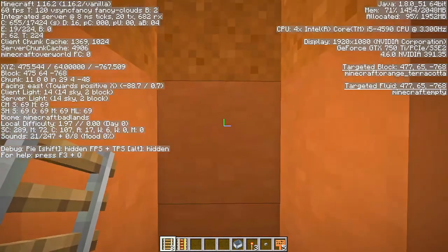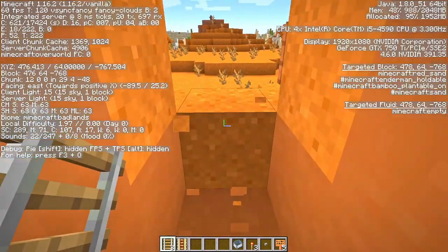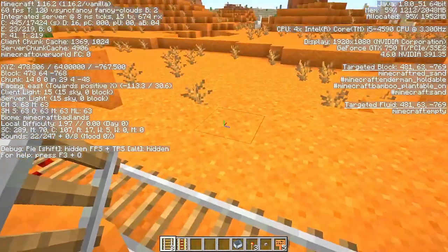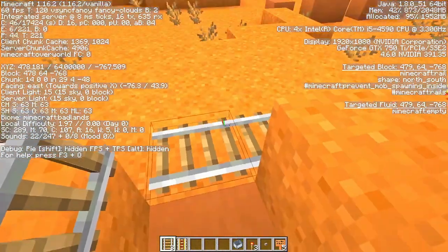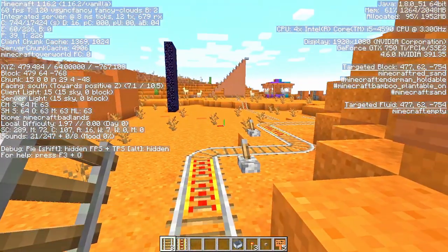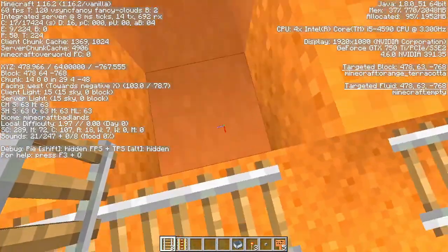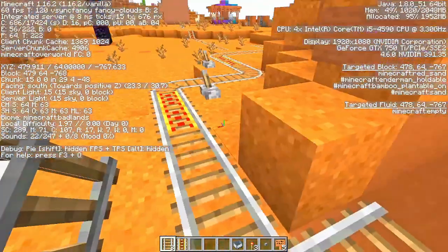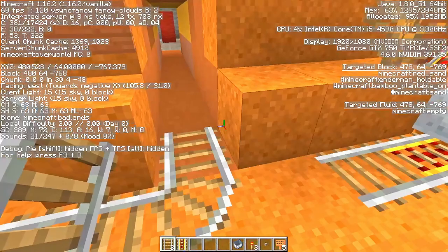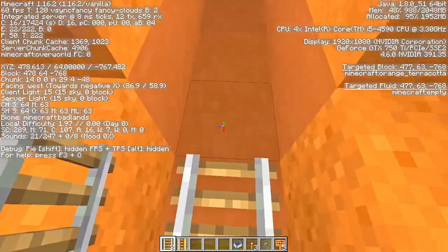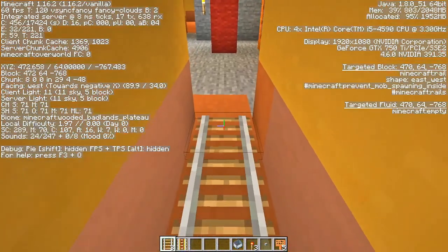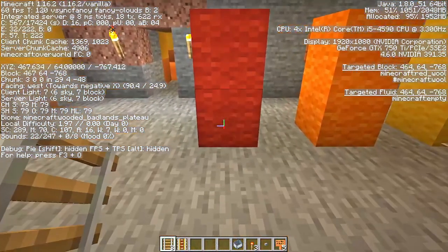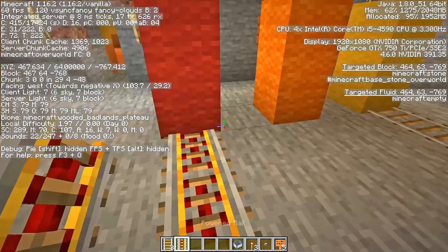Whoa. Ta-da! So as you see, we've created a link using our coordinates. We've precisely calculated where to get out. So this is the easy one. 1, 2, 3.